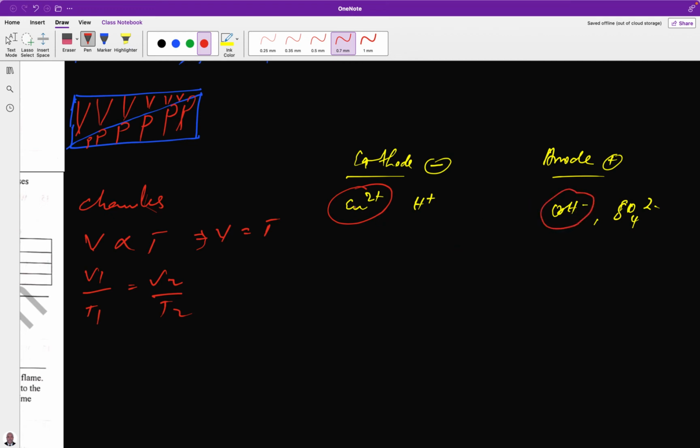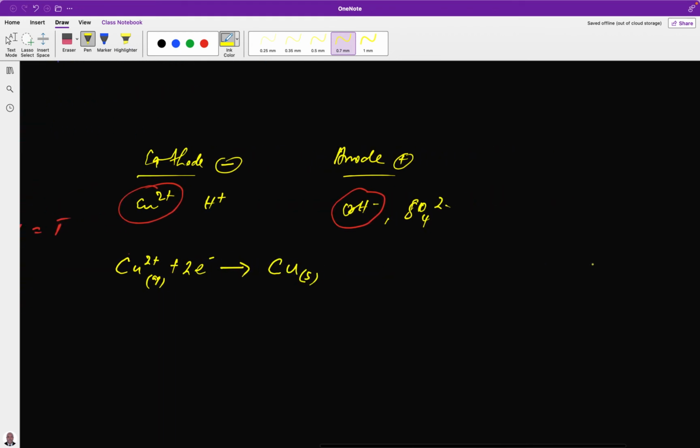At the cathode the equation will be Cu2+ (aq) + 2e- gives Cu (s), so copper is deposited as a solid.